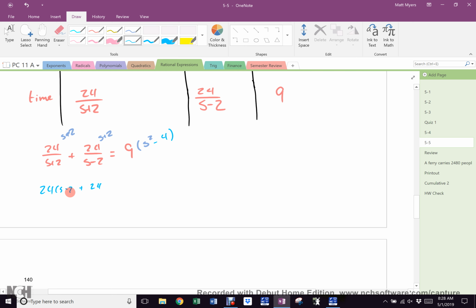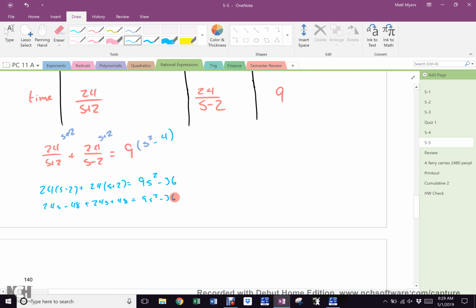S minus 2 and 24 s plus 2 equals 9 s squared minus 36, right? And now what would we do? More math. 24s minus 48 plus 24s plus 48 equals 9s squared minus 36.